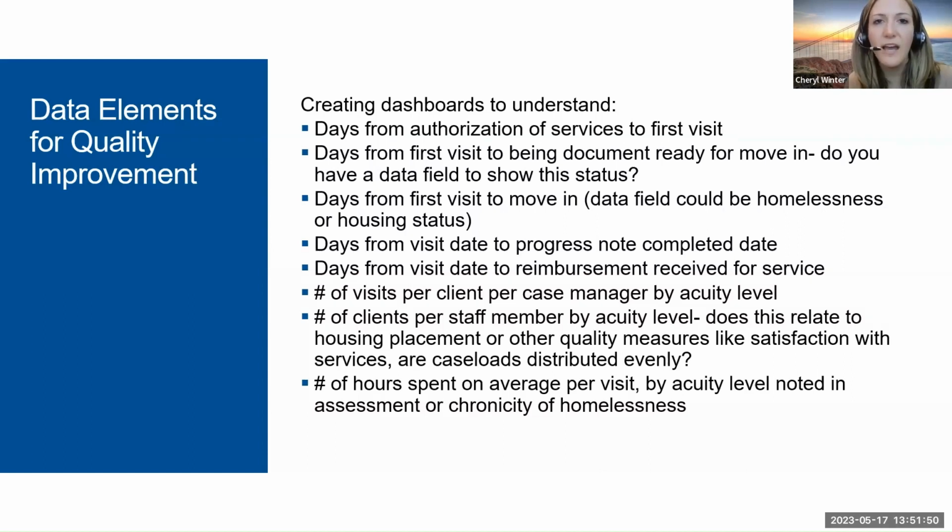If you do have an assessment score from someone from their VI-SPDAT, or if the managed care plan is sharing with you information about someone's diagnoses and their medical needs, you may want to start to track the number of visits you're providing to people based on their acuity level, or the number of hours spent with people based on their acuity level, to start to understand, are you being paid the same rate for everyone regardless of the intensity of their service need, or do you need to negotiate for a rate that addresses that there might be differences in acuity levels of people being referred to you?